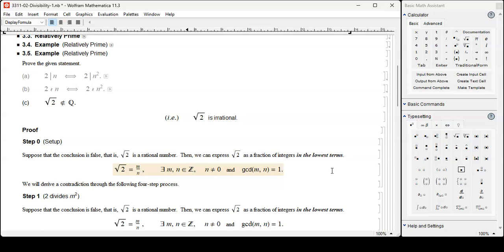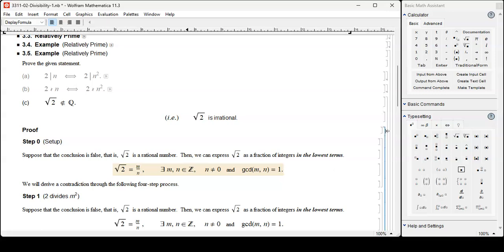And remember the starting point here: whenever we have a rational number, it can be expressed as an integer over integer, and that's the definition of a rational number, by the way. But can it be written in the lowest terms?